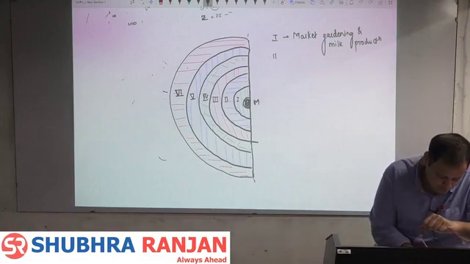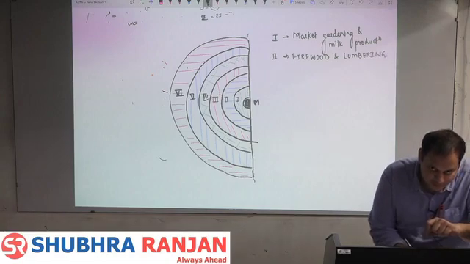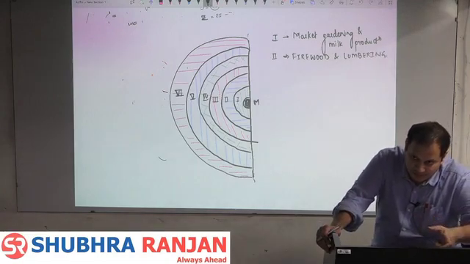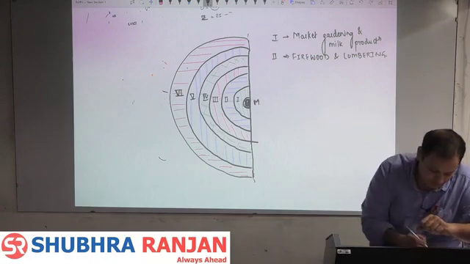Zone 2 is firewood and lumbering. Remember the year in which he gave? Firewood was the only source of energy. It was required on the daily basis. But उसका price कम था as compared to the milk production. इसलिए zone 3 में, zone 2 में आया.